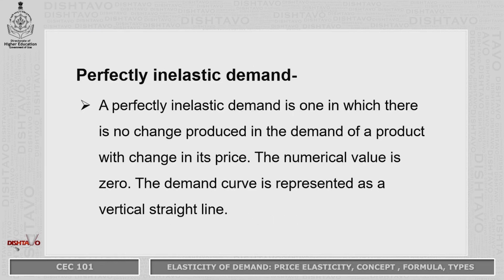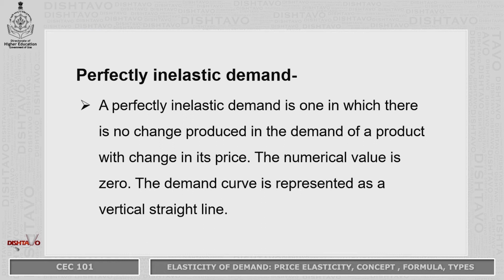The second type of price elasticity of demand is perfectly inelastic demand. In this case, there is no change in the demand for the product with a change in its price. Whatever the price may be, whether it increases or decreases, the quantity demanded remains constant.